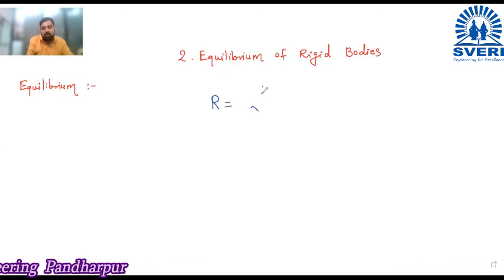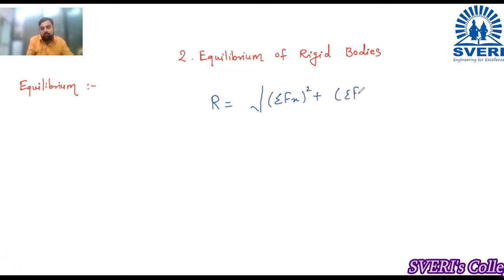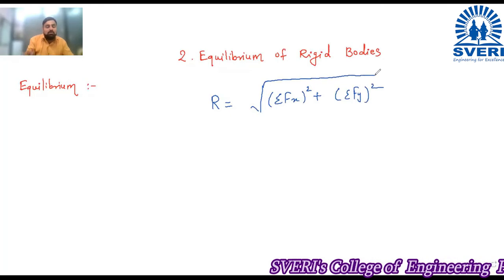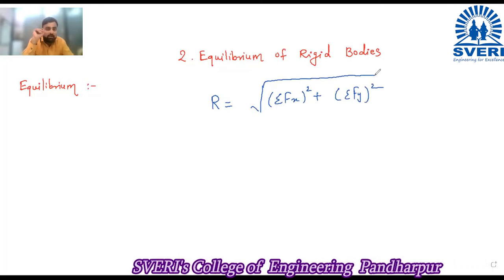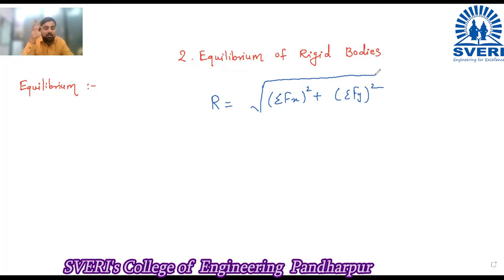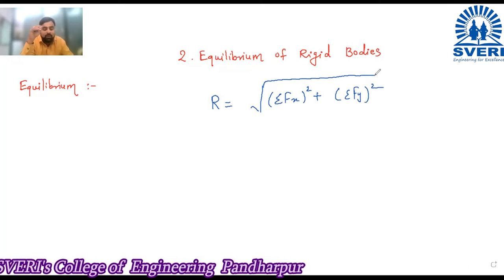Our formula is R equals under root of summation Fx squared plus summation Fy squared. So this is our formula to calculate the resultant. So now equilibrium means what? It is the condition when the resultant force acting on a body is zero.